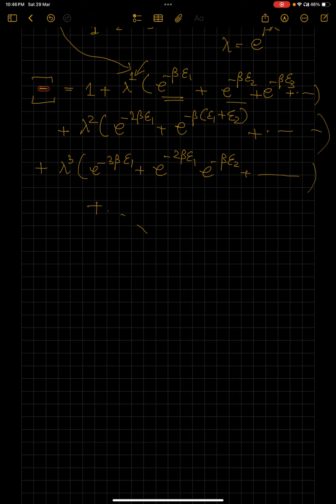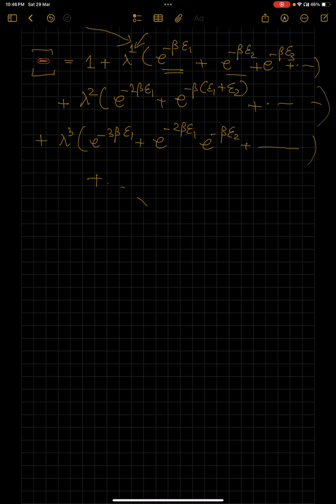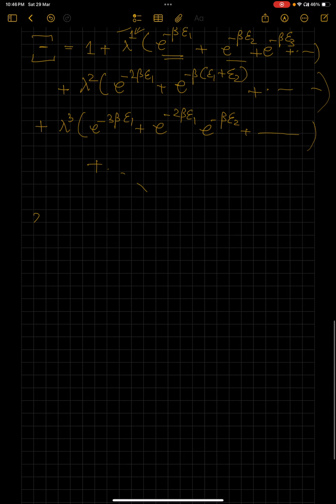Then I can just do a simple algebraic manipulation. You can try it yourself. This is very easy to do. So suppose you choose x equals e to the power minus beta E1, y equals e to the power minus beta E2, z equals e to the power minus beta E3, and then a equals e to the power minus beta E4 and so on, labels.